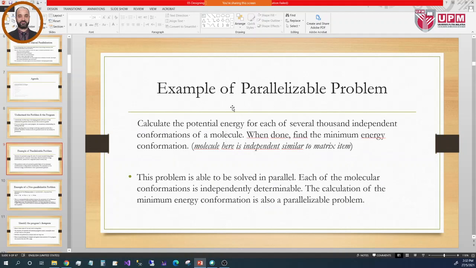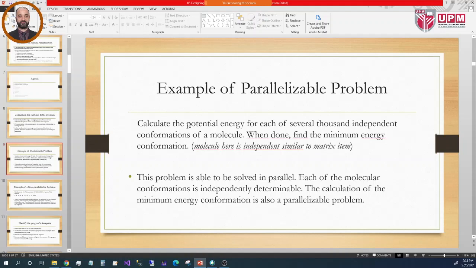Hopefully. Okay. Now we have an example of a parallelizable problem, a problem that could be solved in parallel. What does it mean that a problem could be solved in parallel? That means the problem could have some independent parts that could be run concurrently at the same time to solve the problem.